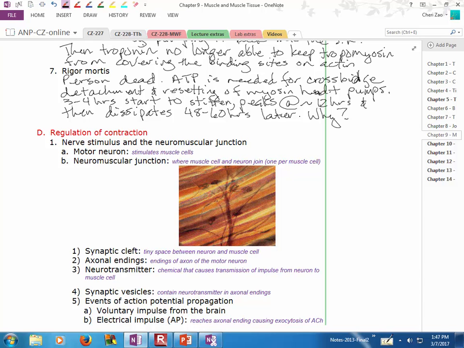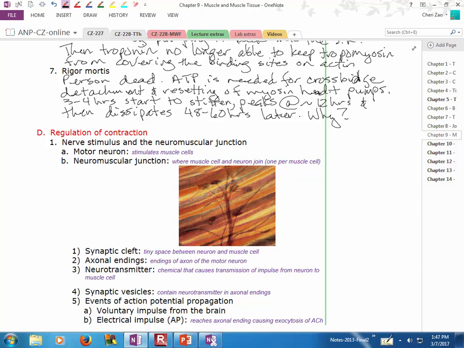As long as you have a source of oxygen, you have a source of ATP, right? And as long as you have a source of ATP, it will fuel your calcium pumps, right? And as long as your calcium pumps are fueled, where's your calcium? It's in the sarcoplasmic reticulum, right?